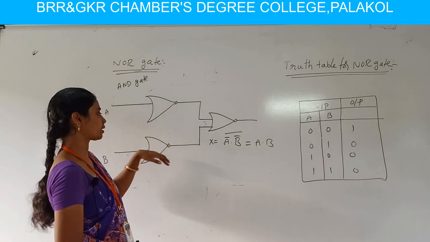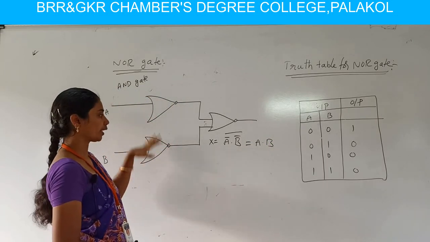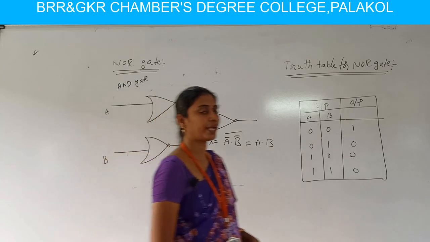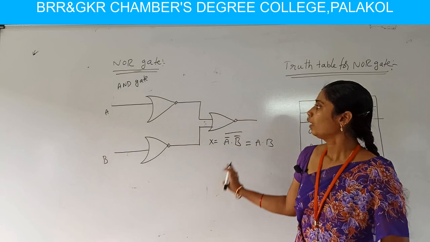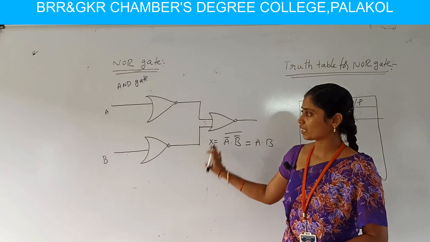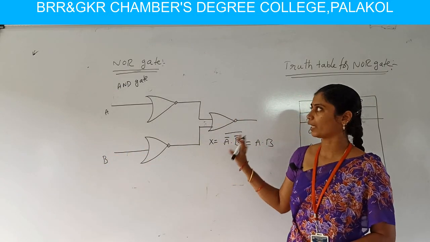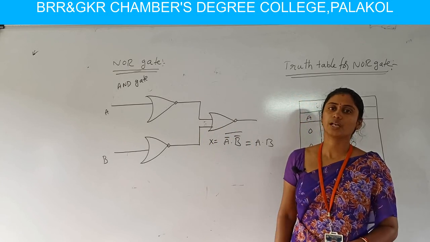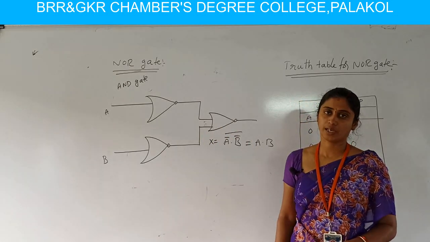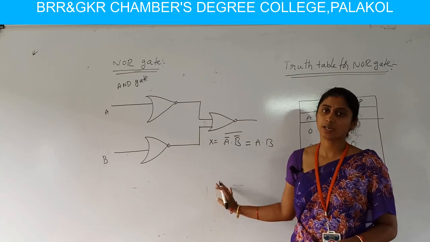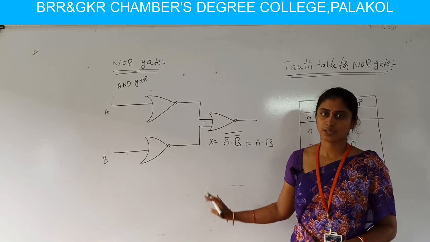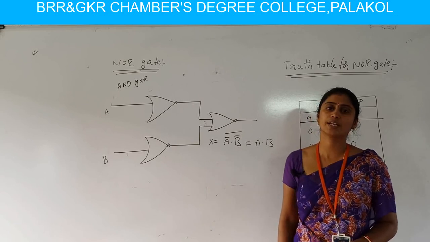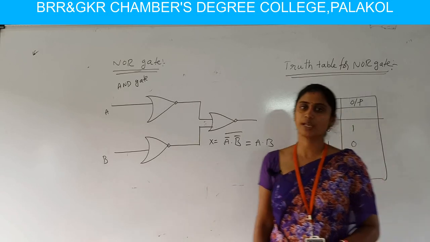So with the NOR gates connected in this manner, the AND gate is obtained. From the NOR gate we can construct the NOT gate, OR gate and AND gate. These three logic gates are constructed by using the NOR gate. Hence the NOR gate is said to be a universal gate.